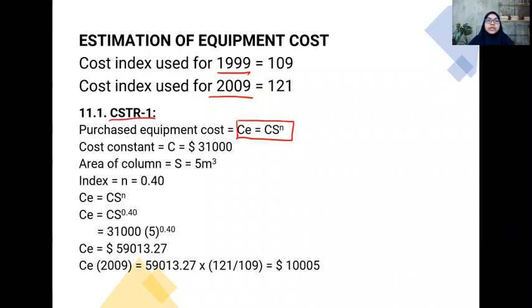Example here for the CSTR, the cost constant is given in 1999, and then insert all the information to give us the value of the purchase cost of the CSTR.